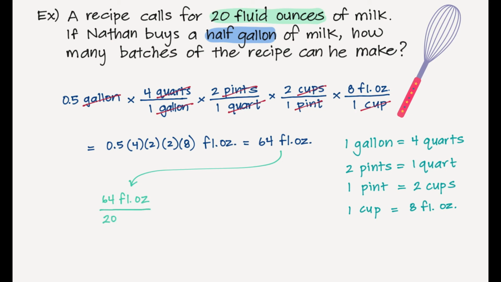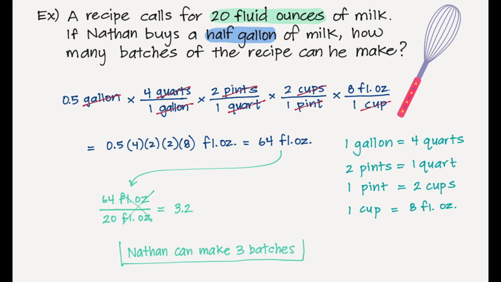So I'm going to divide it by 20 fluid ounces. All right, and when I do that, I come out with 3.2, and the fluid ounces cancel out. So this means I can make 3.2 batches, but we're just going to go with full complete batches. So Nathan can make 3 batches of his recipe, and that's it.